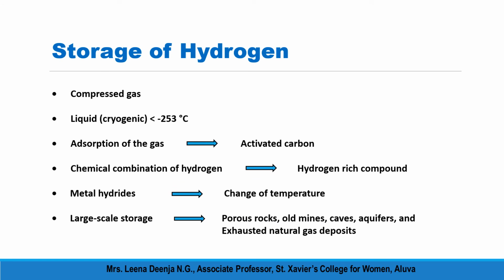Hydrogen can be stored as a compressed gas, as a liquid below minus 253 degrees centigrade, by absorption of gas on some appropriate substance such as activated carbon, as a chemical combination of hydrogen to create a hydrogen-rich compound, or as metal hydrides that are metal hydrogen compounds, which can release and absorb hydrogen reversibly by a simple change of temperature.